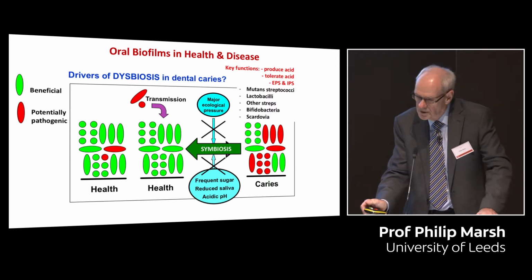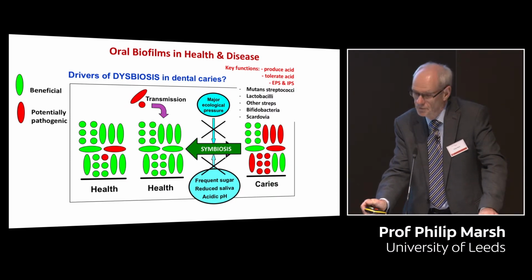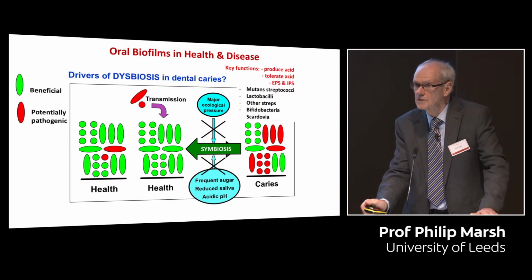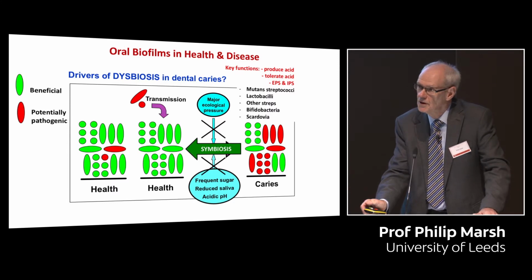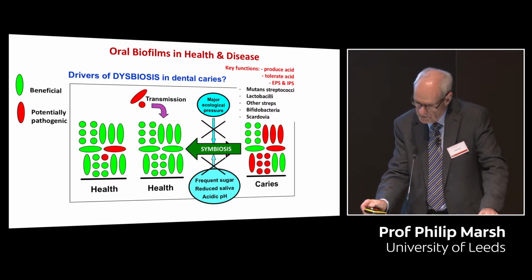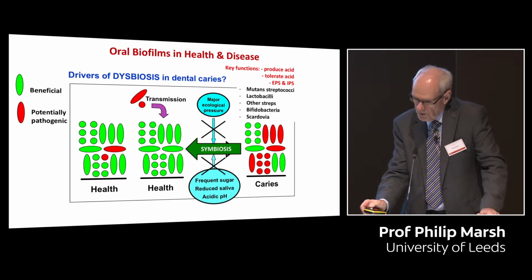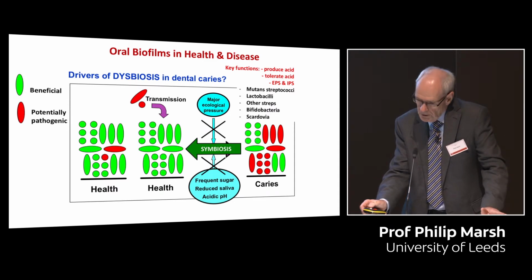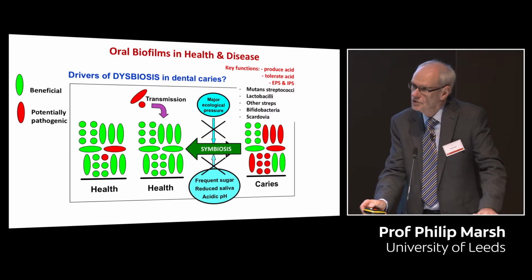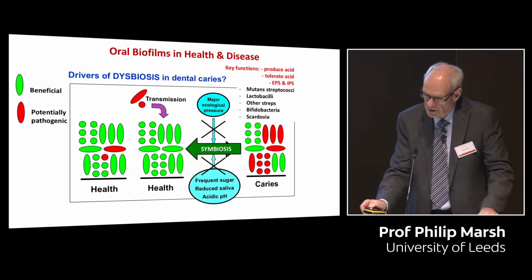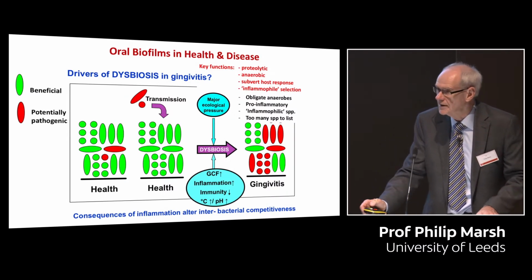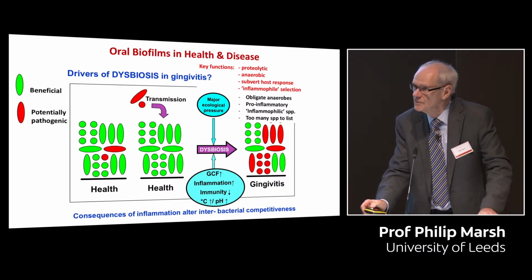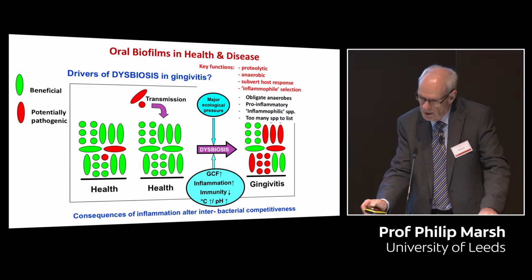And the most common things are an increased flow of gingival crevicular fluid, which not only brings in components of the host defenses, but also many host proteins that can act as sources of nutrition for some of these fastidious organisms. So we have increased inflammation, perhaps reduced immunity at the site, and again, local changes are an increase in pH and temperature. The consequences of inflammation are, again, that it can alter the competitiveness of the bacteria in the subgingival biofilm.